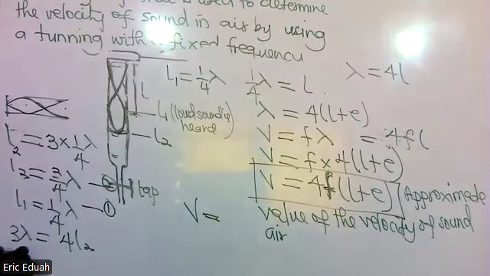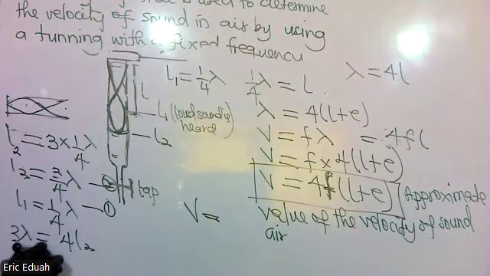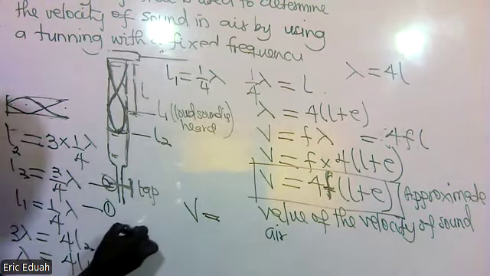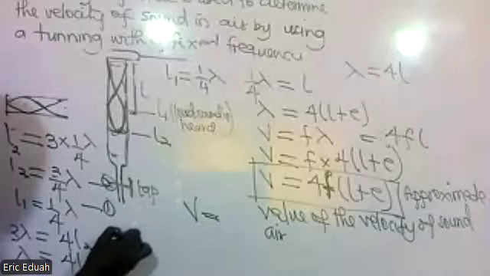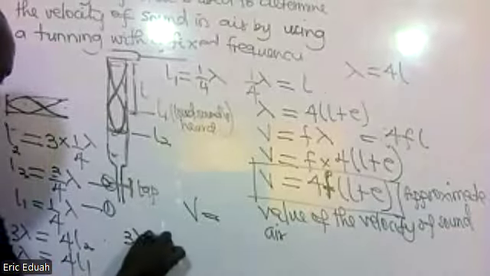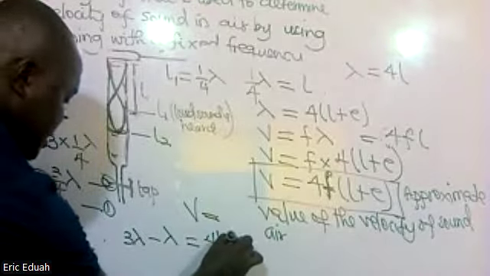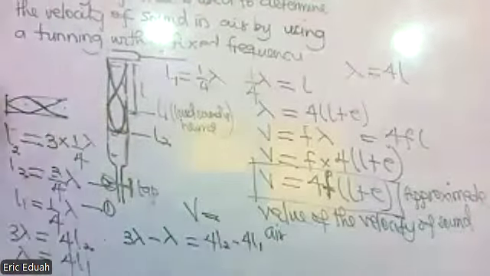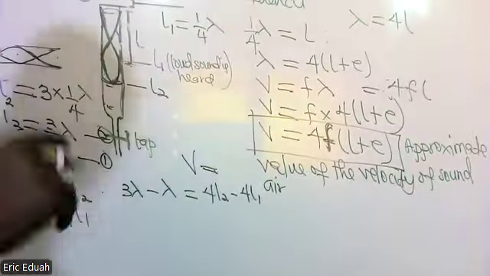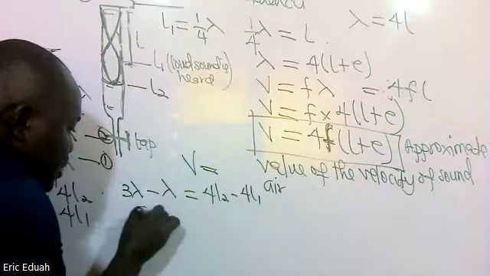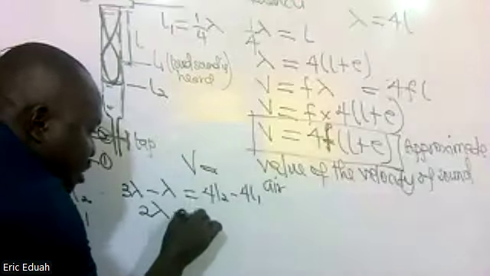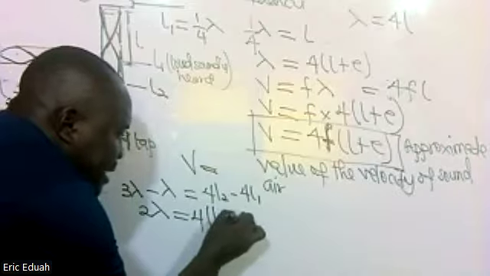In equation 1, lambda will be equal to 4 times L1. Let's subtract this equation from this. 3 lambda minus lambda is equal to 4L2 minus 4L1. Therefore, we have 2 lambda giving us 4 times (L2 minus L1).